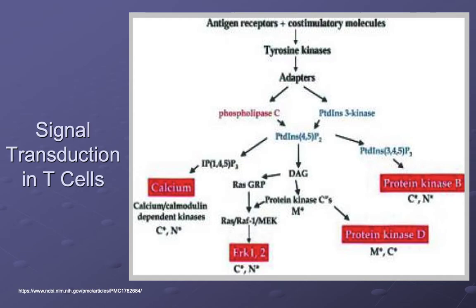So inositol polyphosphates, in the case of IP3, and actually all of them, IP3, diacylglycerol, and phosphatidyl inositol 3-phosphate, are all signaling molecules that transduce signals from the membrane of the T cell, where the TCR antigen interaction occurred initially, and then to the interior of the cell.